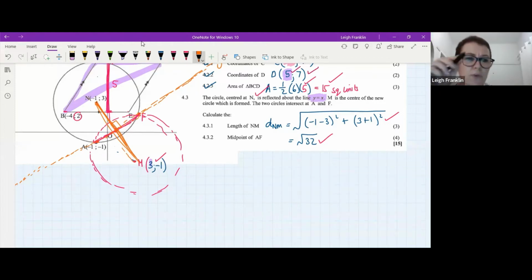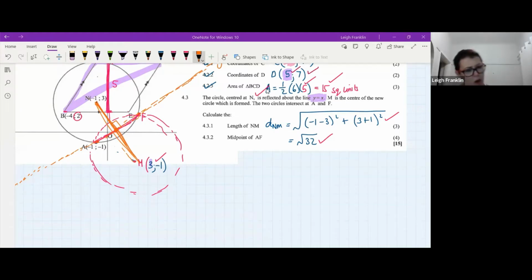If we work out the gradient of NM, it means that we can work out the gradient of AF. Then we can work out the equation of line AF, and then we can solve simultaneously, because we know that the midpoint lies on line AF as well as the line y equals x. That's how I think we're going to have to do this. This is what I'm thinking.